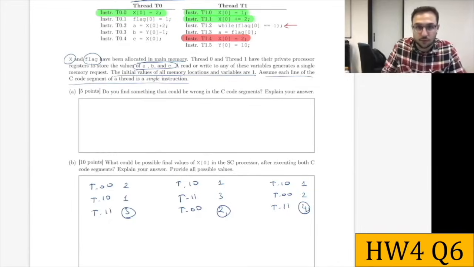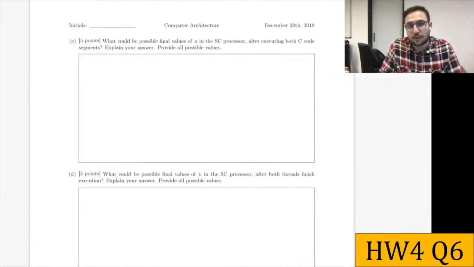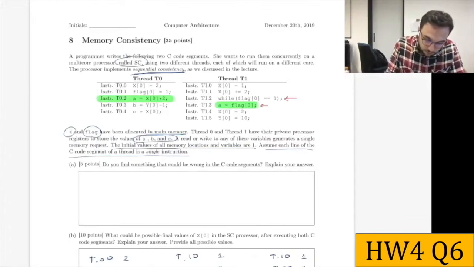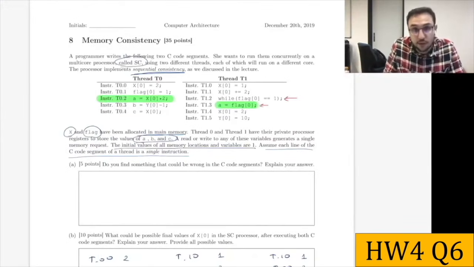Let's go to the next question. The next question asks about all possible values that A can get in this processor after running the C codes. So let's look at A. A's value changes in T0.2 or T1.3. We know from the first question that the code never reaches T1.3 because of the infinite loop.